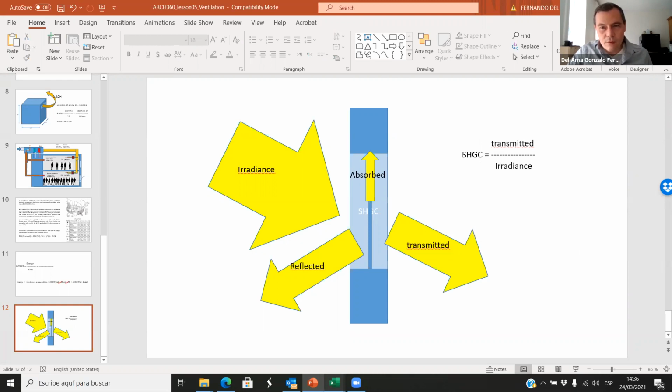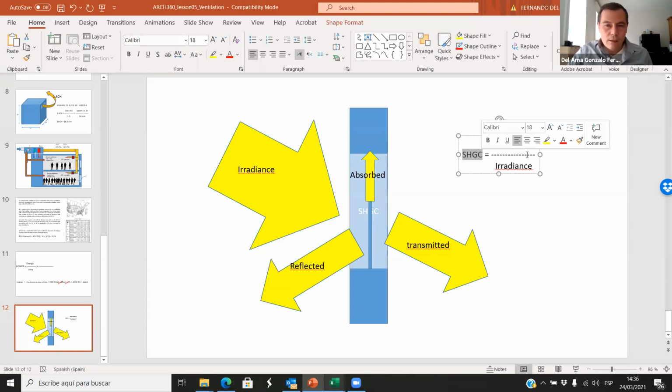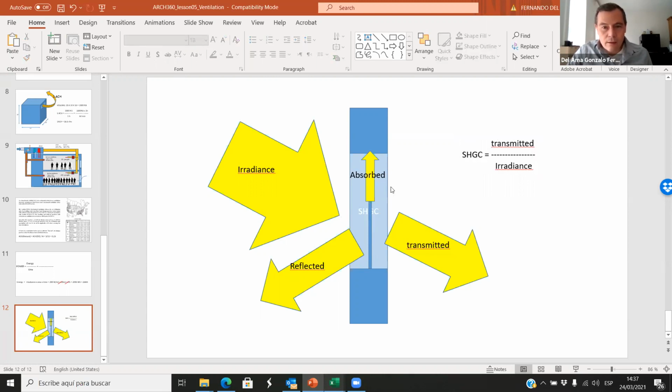Okay, so that's why the solar heat gain coefficient is always between 0 and 1. Imagine that we have 100% transmittance, then the solar heat gain coefficient would be 1. So if nothing is reflected and nothing is absorbed, everything is transmitted, the coefficient is 1. If we had an opaque wall, not transparent at all, nothing is transmitted, so the coefficient would be 0.